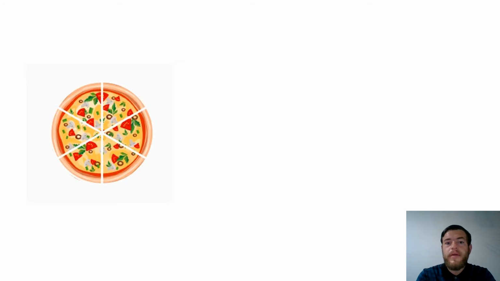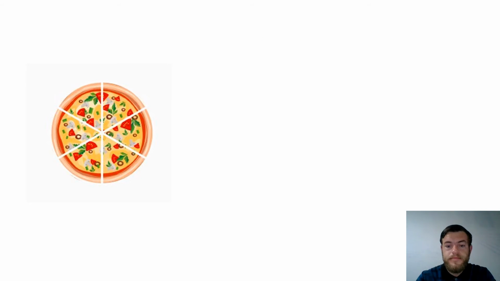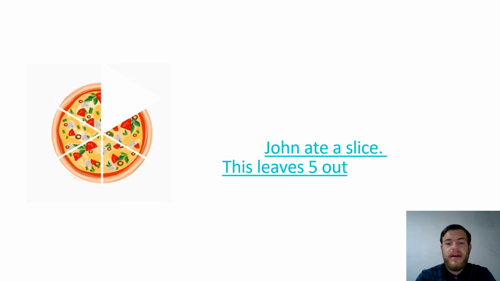Let's look at the following picture. This picture is a pizza. This pizza is sliced up in 6 equal parts, which means that this is also 6 equal fractions. John ate a slice.